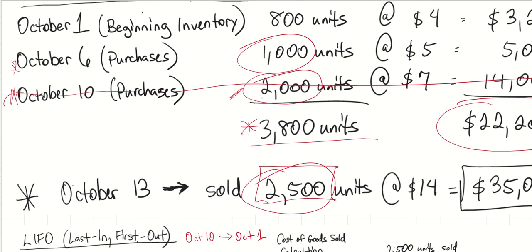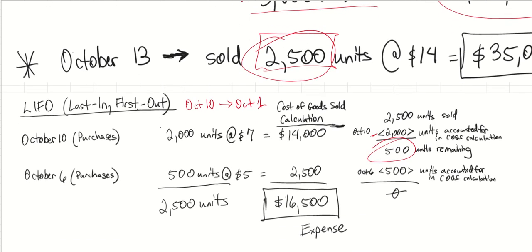So out of that $1,000 from October 6th, we're going to take 500 of those units to give us $2,500 in total to be included in cost of goods sold, which means we've included all 500 remaining units, leaving us with zero to be accounted for in the cost of goods sold calculation.